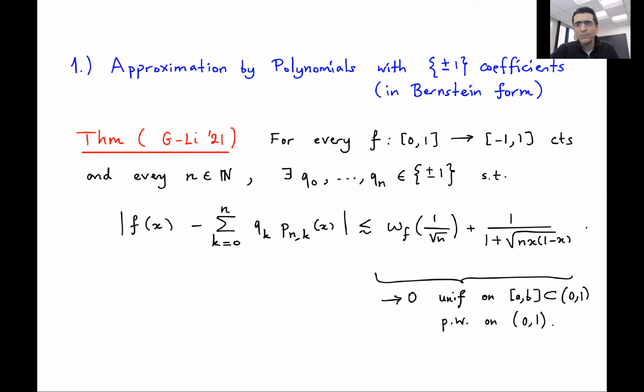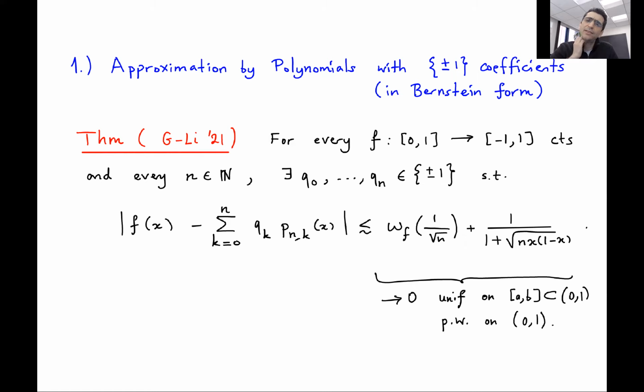Okay, so now this is the new stuff. I'm going to first state the result, and then I'm going to talk about why it's true. This is one of the theorems that we have with Weylin. So what does it say?